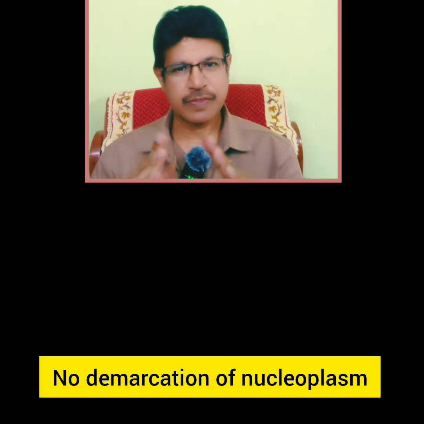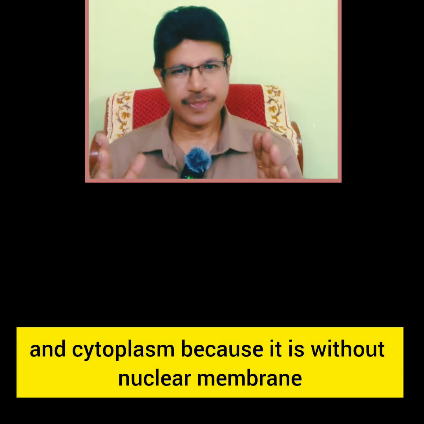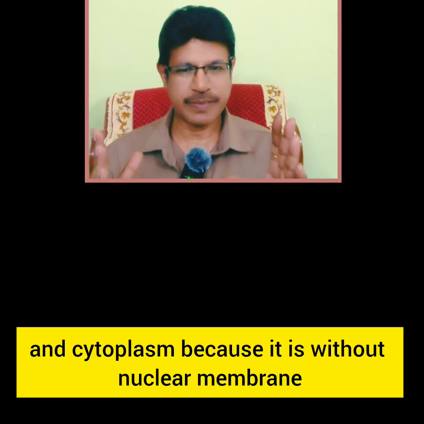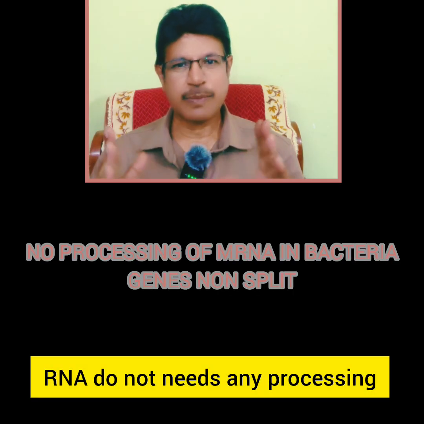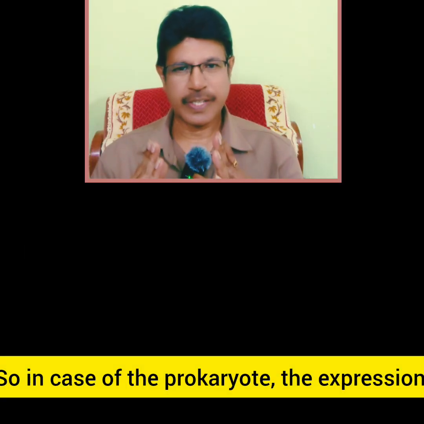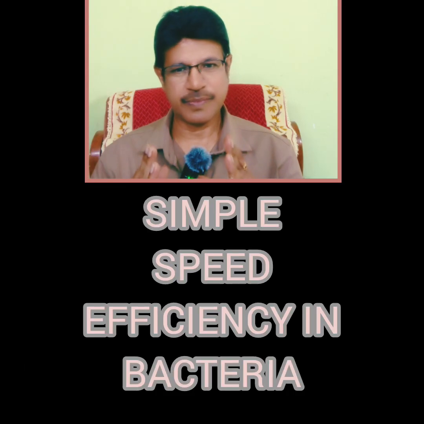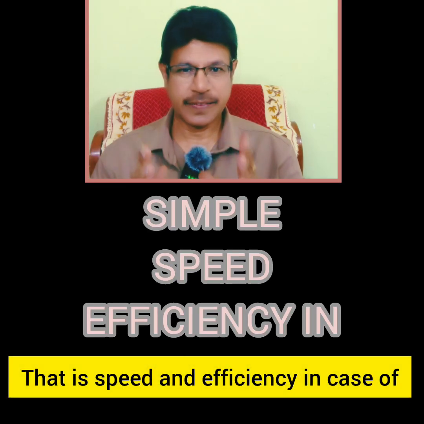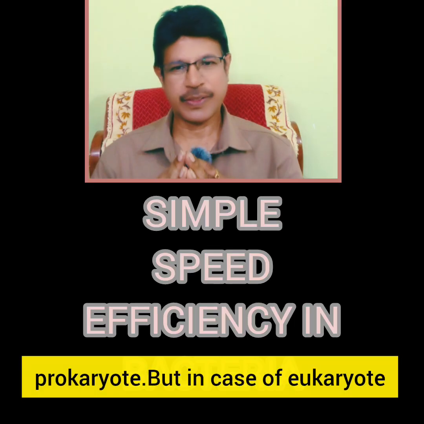There is no demarcation of nucleoplasm and cytoplasm because it is without a nuclear membrane. Further, RNA does not need any processing because the genes are non-split. So in prokaryotes, gene expression is very simple, with speed and efficiency.